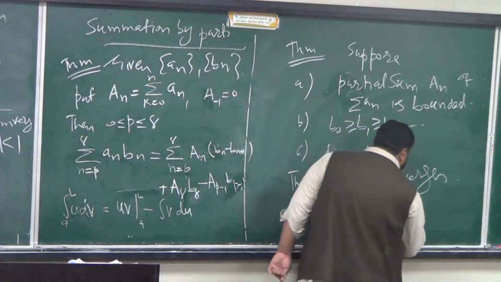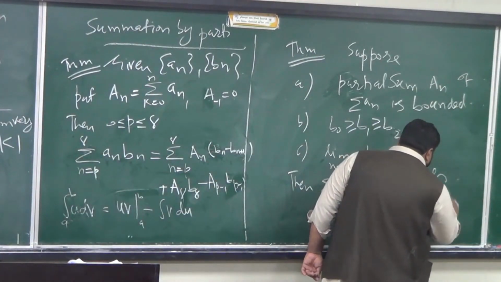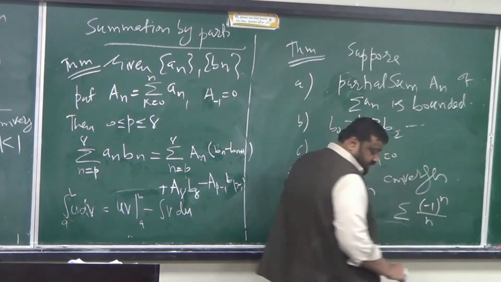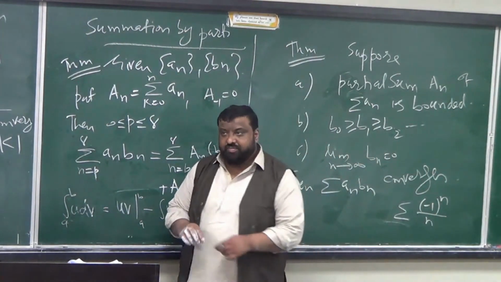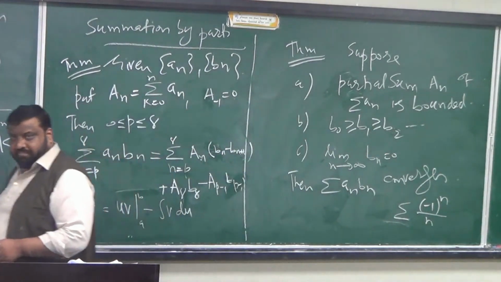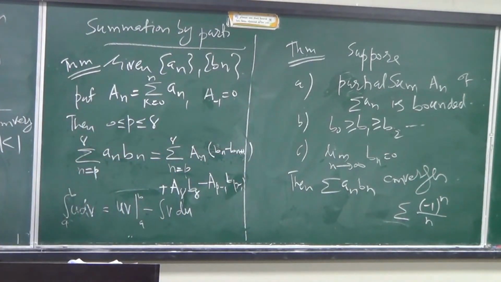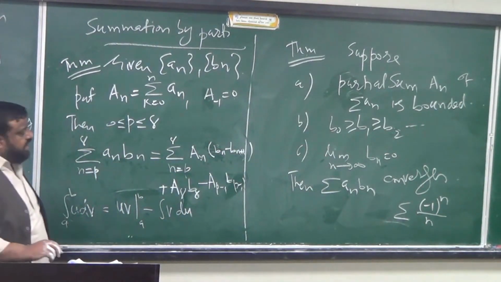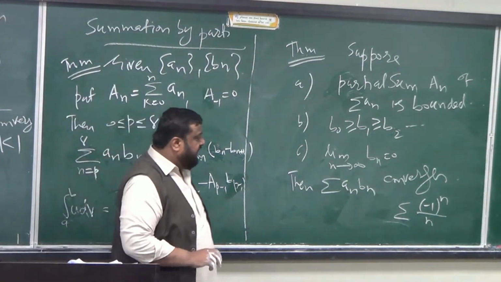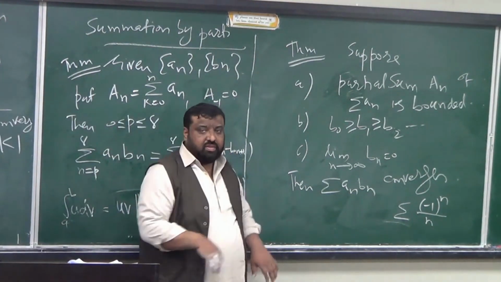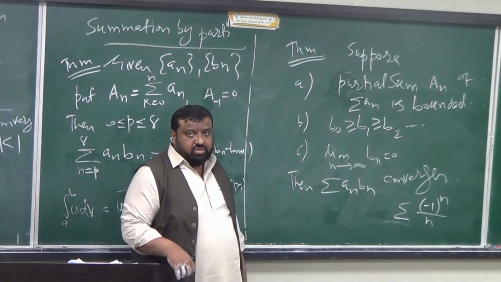This sequence that I just wrote before, minus 1 raised to n over n. So if this is the case, what should be your choice of a_n?